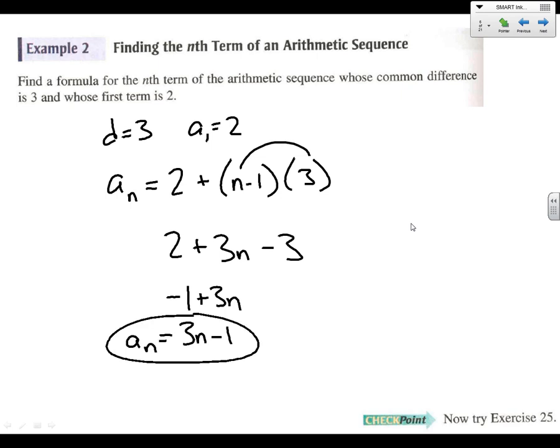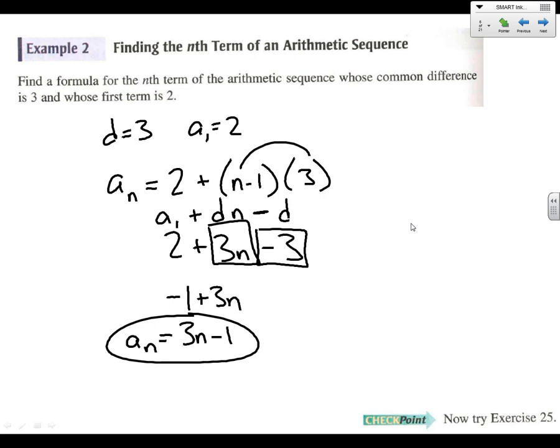Okay? Now, sometimes it's going to be helpful here. What we could do here, this formula is also the same as, you'll notice when we distribute here, it's going to be dn plus a1 minus d, when we're jumping that in. And so you can combine that with your a1.